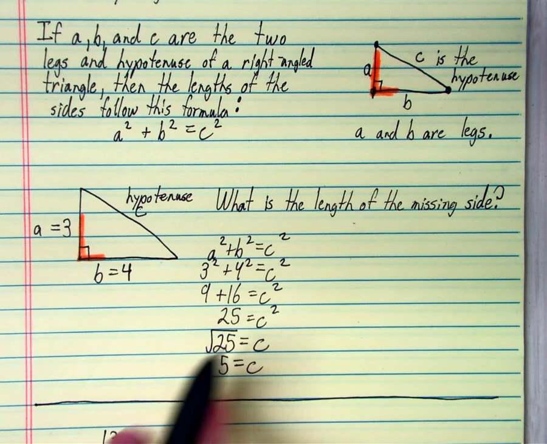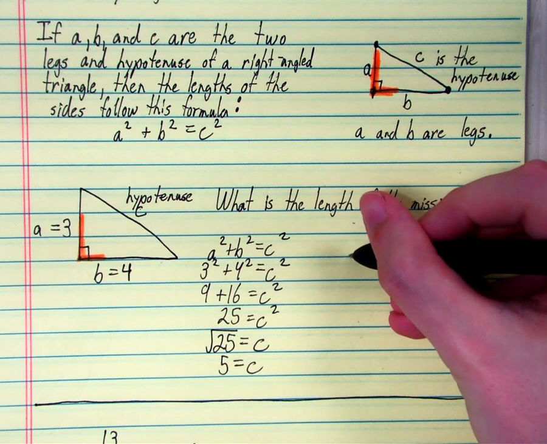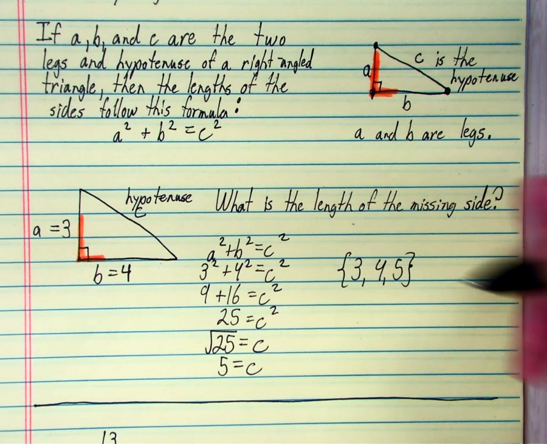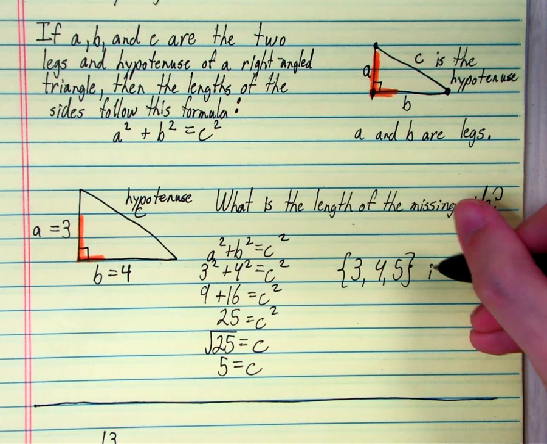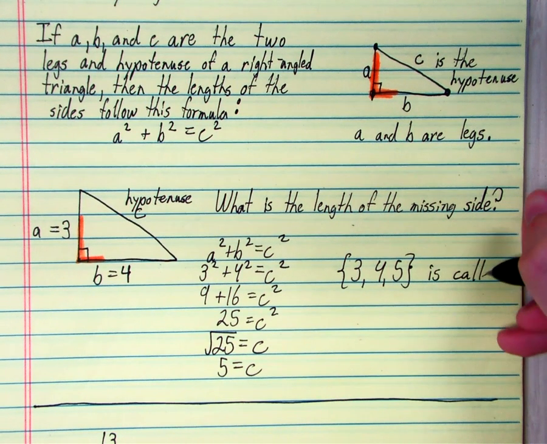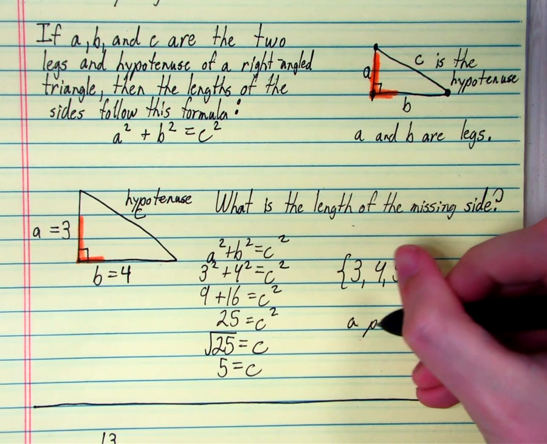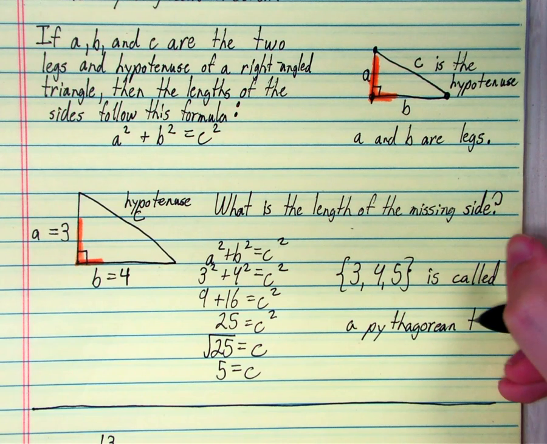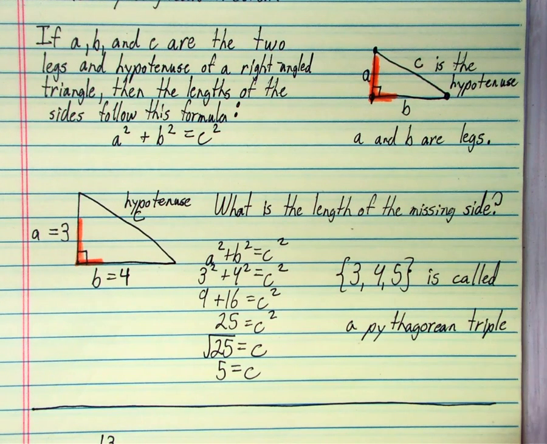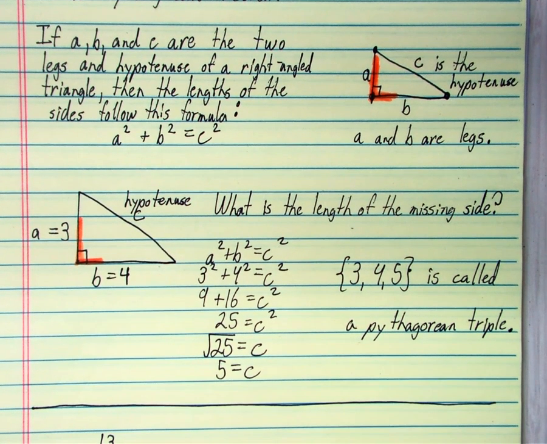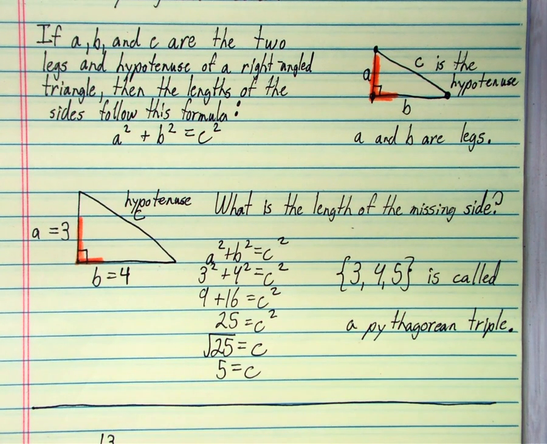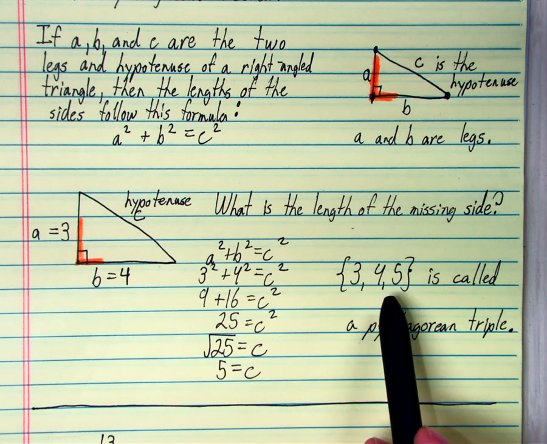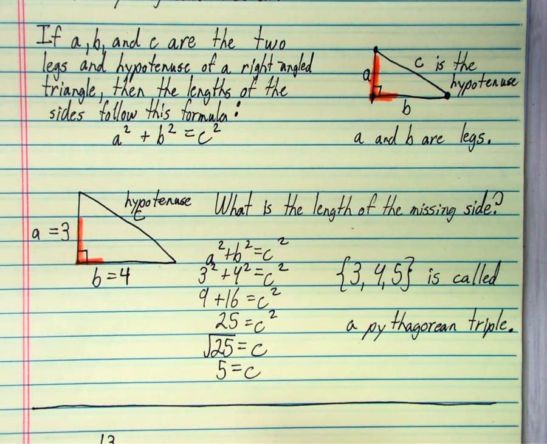This set of 3 numbers we have here does get a special name. This set of 3 numbers, 3, 4, 5, is called a Pythagorean triple. If I know 3, 4, and 5 make a right triangle, I know any multiples of 3, 4, and 5 will make a right triangle as well.